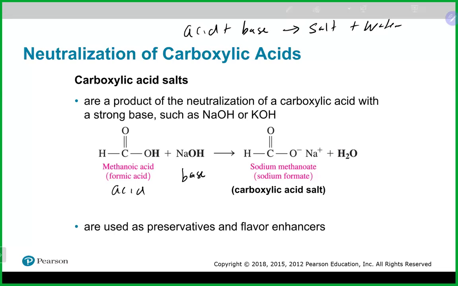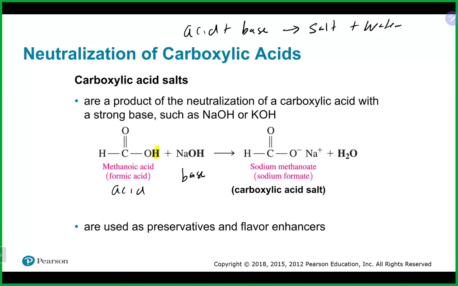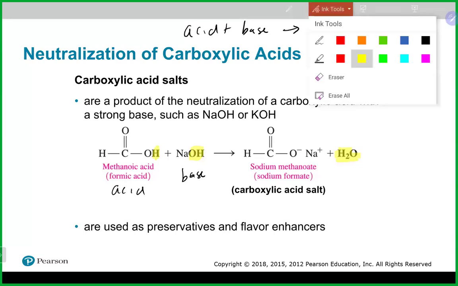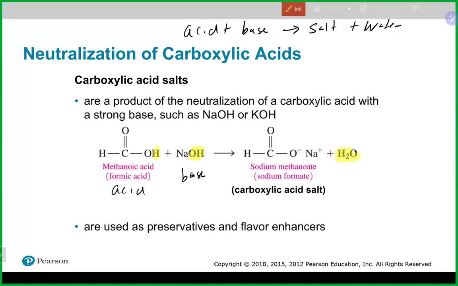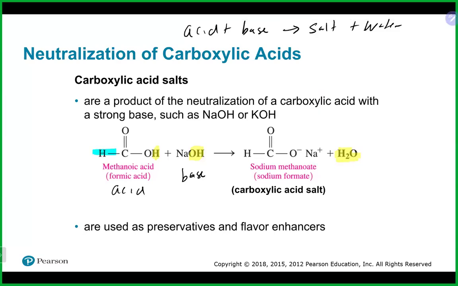Just like when we talked about those reactions in that chapter, the H comes from the acid, the OH comes from the base, and that again is how we get our water. It is that double displacement reaction that's occurring. And then what is left over will make our salt. So this is our salt here, and that is just an ionic compound.